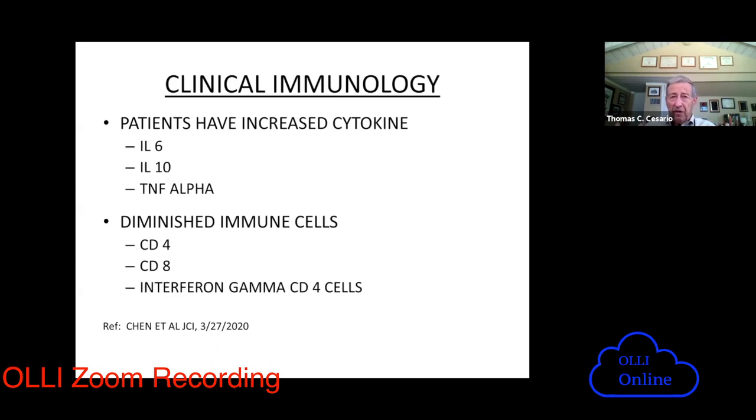There are somewhere around 35 or 37 interleukins known, at least at the last count that I was aware. Several of them are particularly associated with inflammation. They include interleukin 6, interleukin 10, and tumor necrosis factor alpha, which oftentimes are higher in these patients. And then you can actually measure the immune cells, which go down.